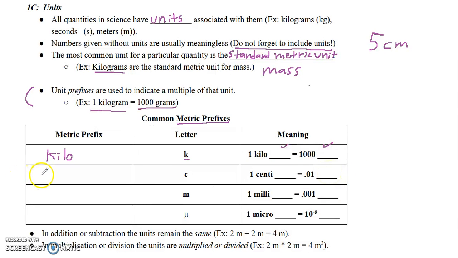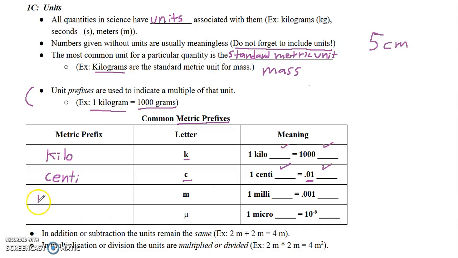The next one is centi, and centi is going to be a prefix that indicates that you have some fraction of that base unit. And the symbol is going to be C. So for example, if you have 1 centimeter, that's 1/100th of a meter, or it's 1 meter times 0.01. So it's basically saying you have a really small fraction of a meter.